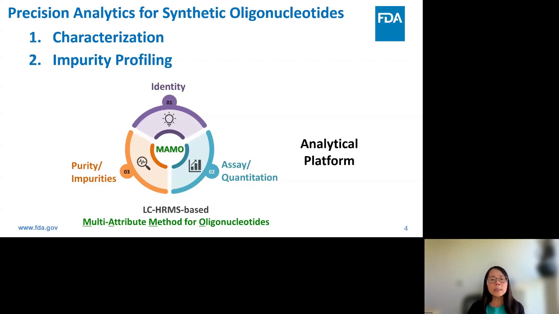Today, I'm going to elaborate on precision analytics for synthetic oligonucleotides from two aspects: characterization and impurity profiling. The analytical platform developed for this purpose is the multi-attribute method for oligonucleotides, MAMO, which is LC high-resolution mass spectrometry based and intended to assess identity, purity, impurities, and assay by a single platform.